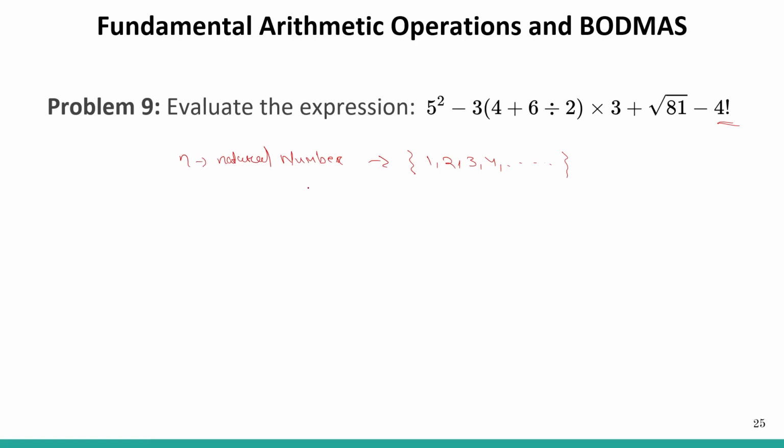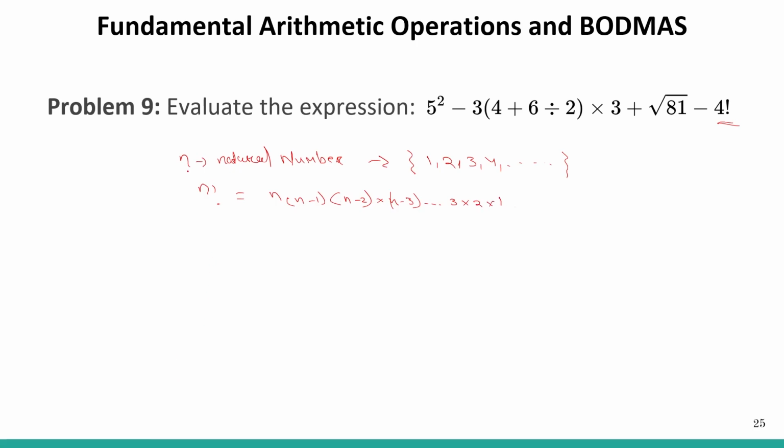And what is n factorial? n factorial is nothing but n into n minus 1 into n minus 2 into n minus 3 and so on up to into 3 into 2 into 1.